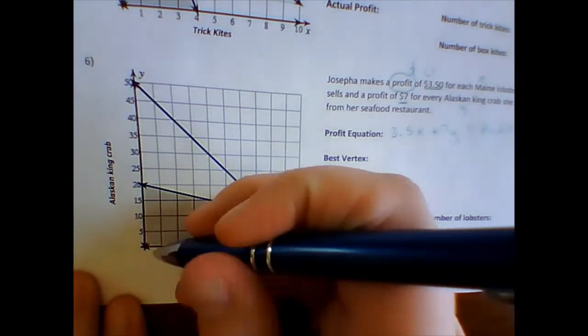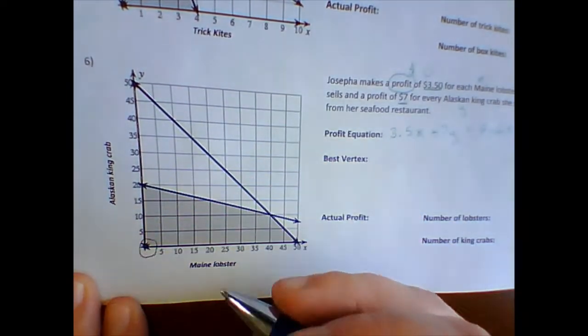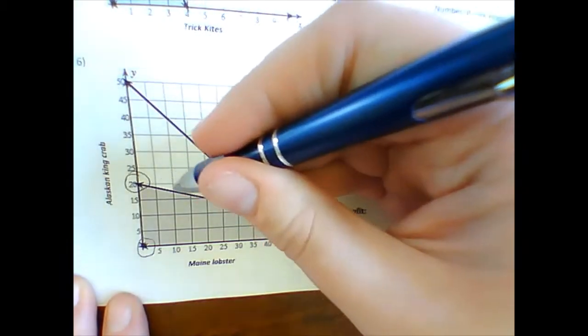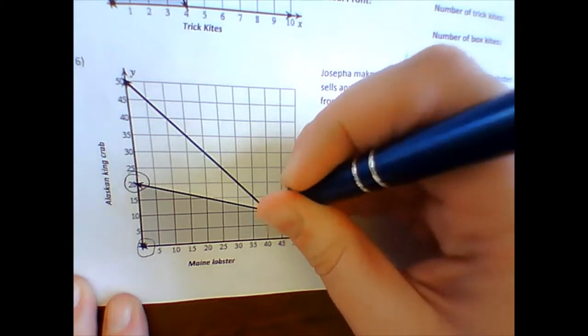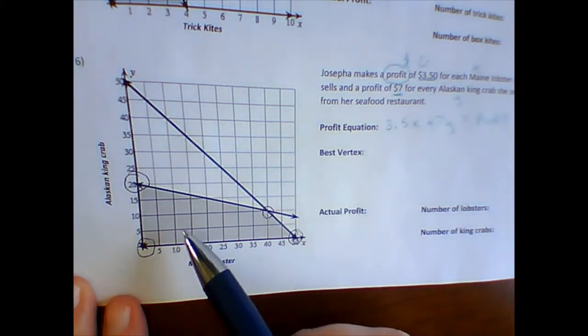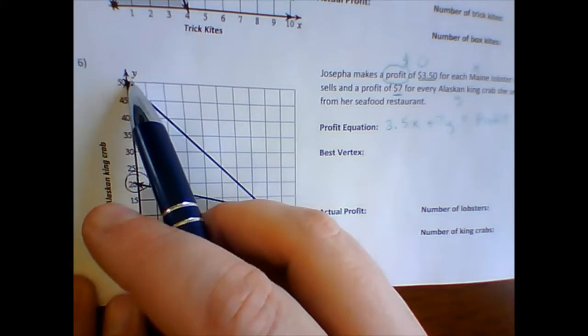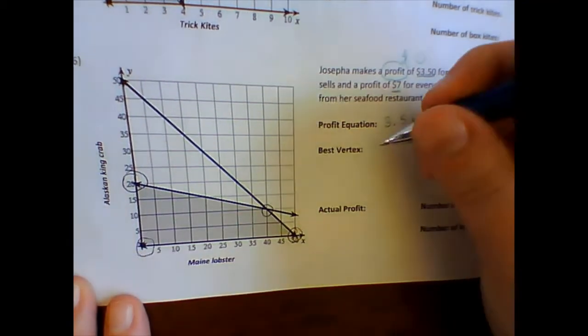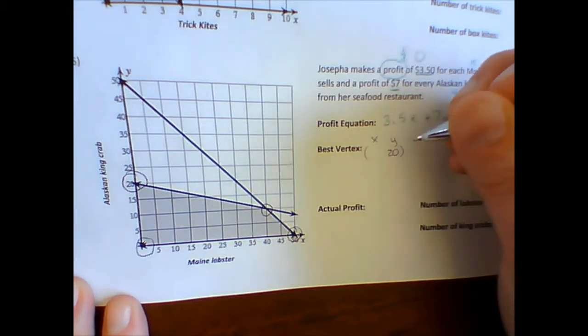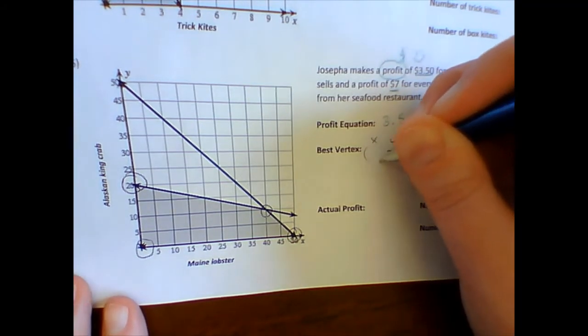Those are the corners. And remember, this origin corner, we're kind of going to ignore that one because that's where we make the least amount. But these other 3 corners of the shaded region, so think of the shaded region as a shape. These other corners, that's what we're going to write down over here. So we're going to write down the X and the Y. And that top one has 20 on the Y, but then it doesn't go left and right.